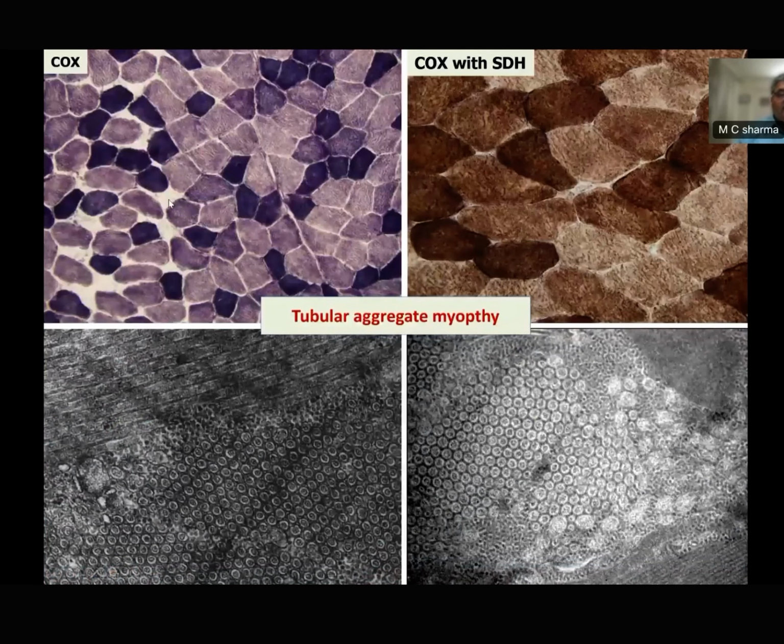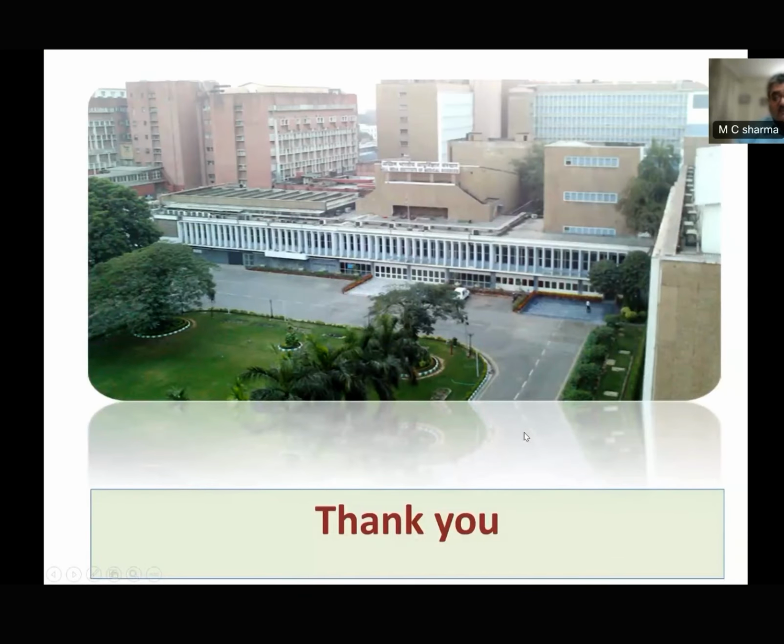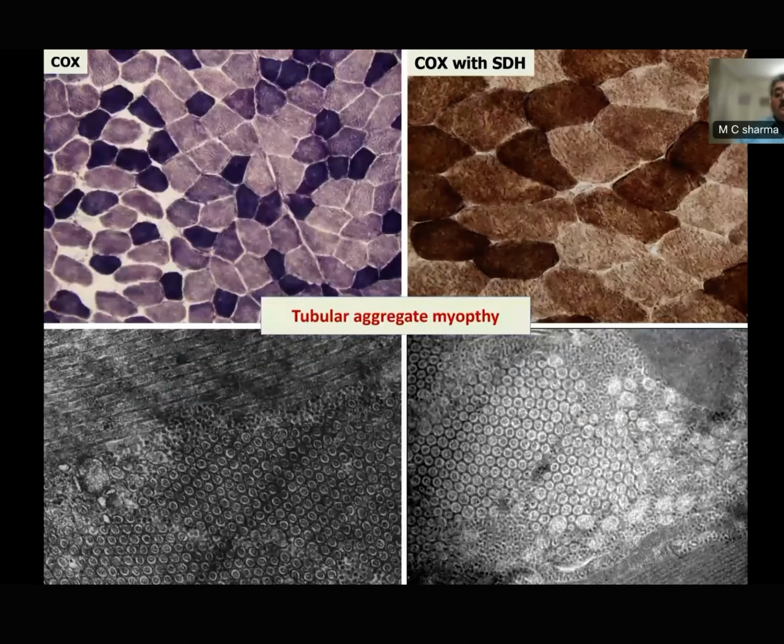So in mitochondrial disease, COX should be abnormal, but it is normal. On electron microscopy, there are a lot of tubules, these longitudinal and these transversely cut double cylinders. This is tubular aggregate myopathy. There is some defect in calcium metabolism. So he's still doing surgery, but he's worsening day by day.